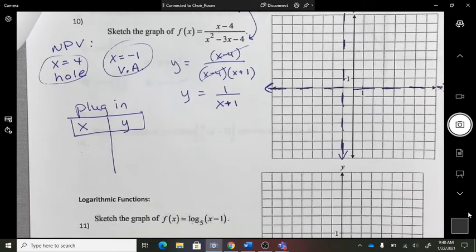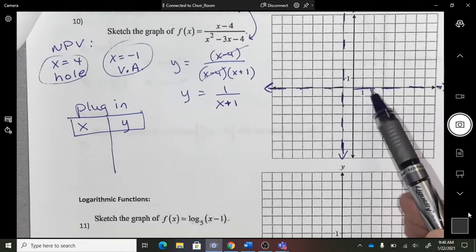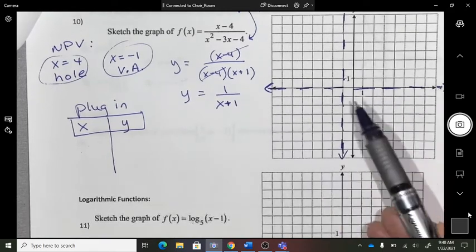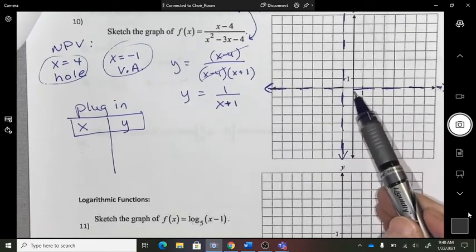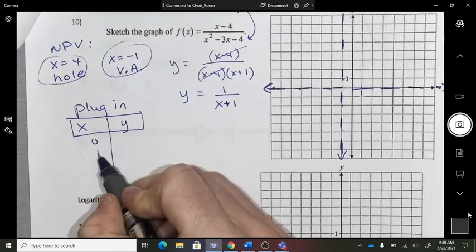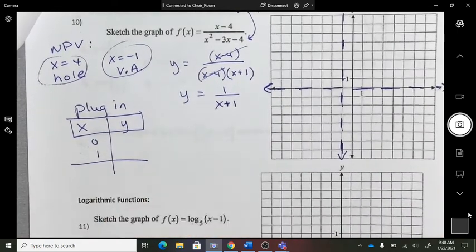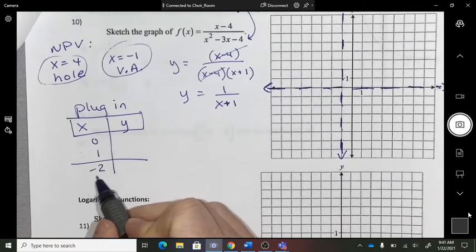How would I choose? You could pick anything for X, but what's the best thing to choose? A couple on that side, a couple on that side. So I'm going to plug in a 0 and a 1. And then on the other side of the asymptote, I'm going to plug in a -2 and a -3.